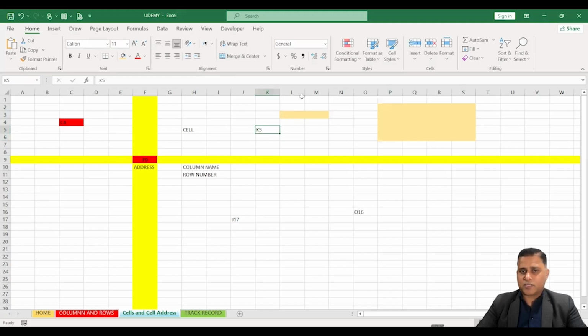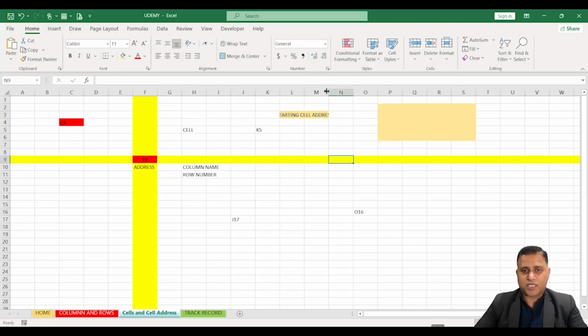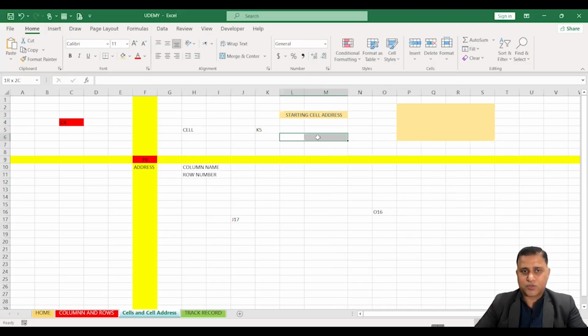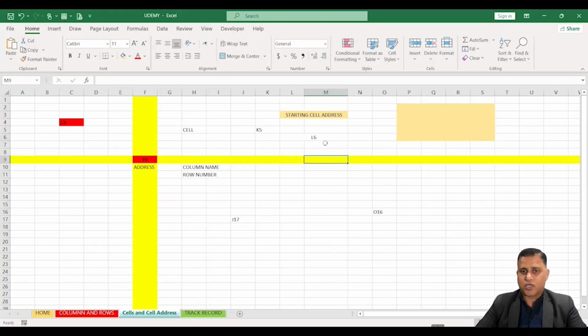If you're selecting two cells together, then the cell address will be the starting cell address. If I select these two together, the starting cell is L and it is 6. So it will be L6, not LM6, not L6M6.